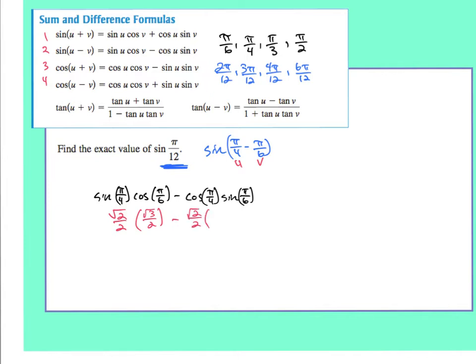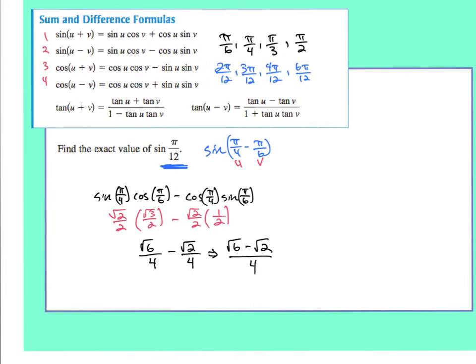And what's the sine of pi over 6? 1/2. So now we multiply together. Square root 2 over 2 times square root 3 over 2 is square root 6 over 4. Minus square root 2 over 2 times 1/2 is square root 2 over 4. So I end up with square root 6 minus square root 2, all over 4.